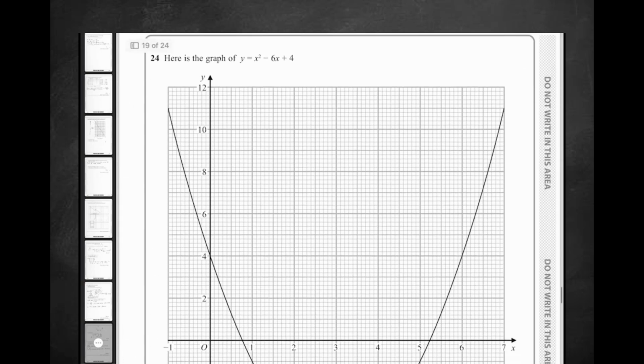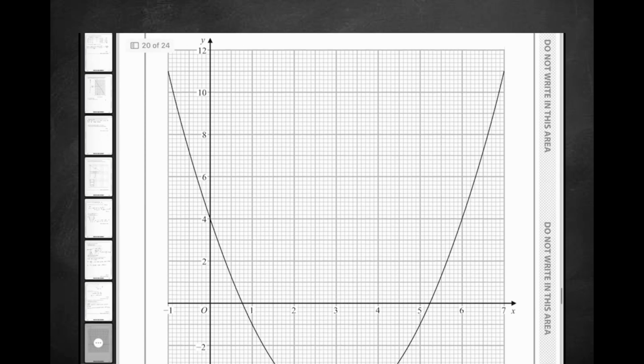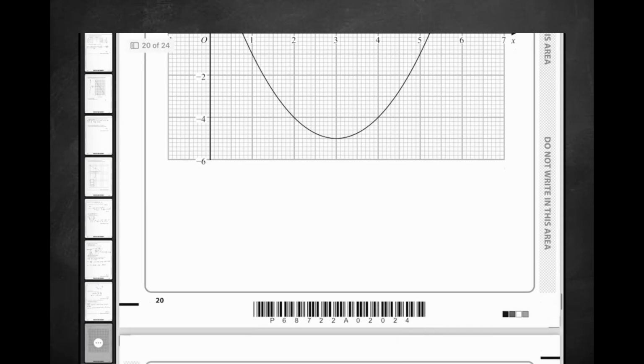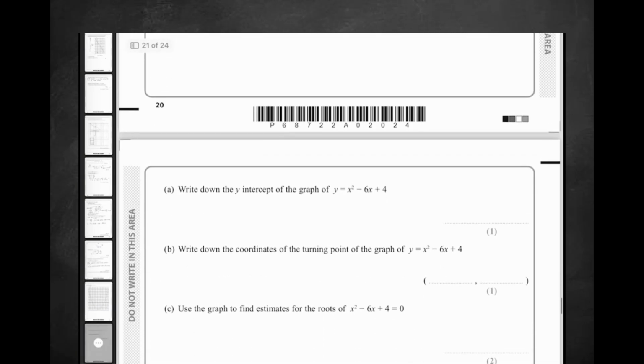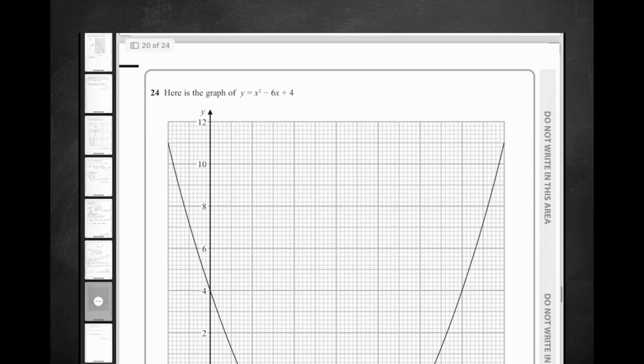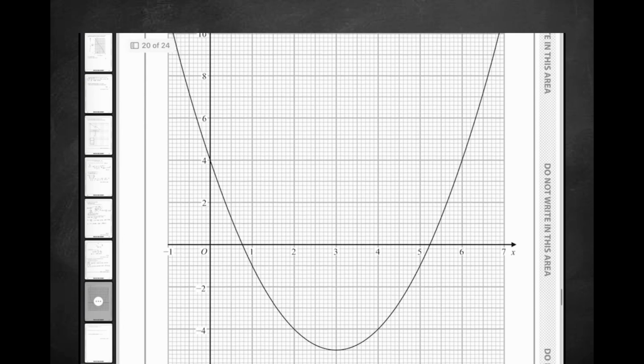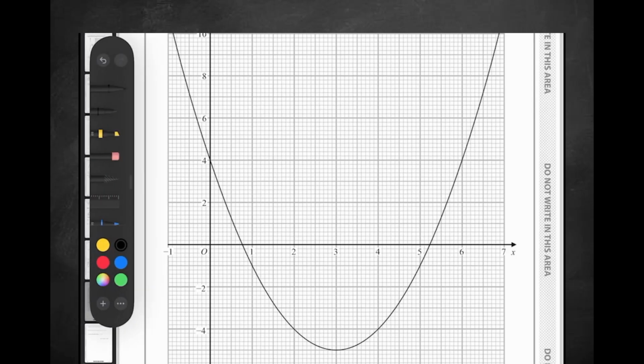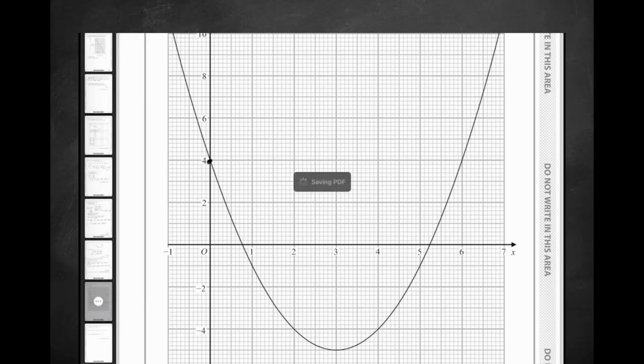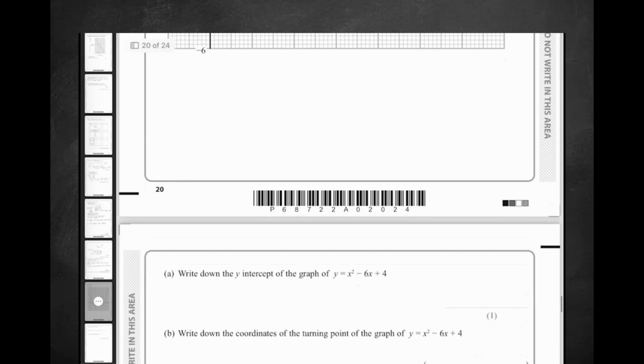Question 24. Here is the graph of y equals x squared minus 6x plus 4. Write down the y-intercept of the graph. So the y-intercept is just where it crosses the y-axis, so it's just here. So our answer is going to be just 4.